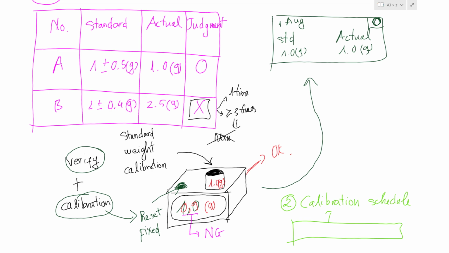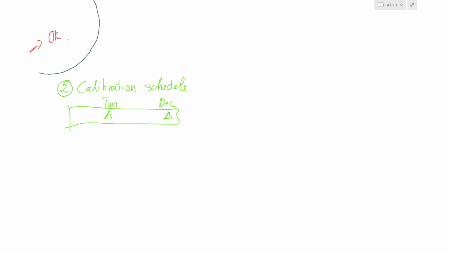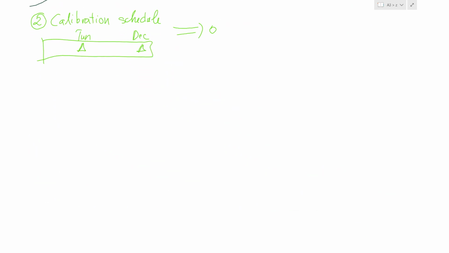For example, in June and December, you will have calibration activity. And maybe for this calibration activity, you will get support from a third party. So if you use only third party support, it means your quality management system is still not good.